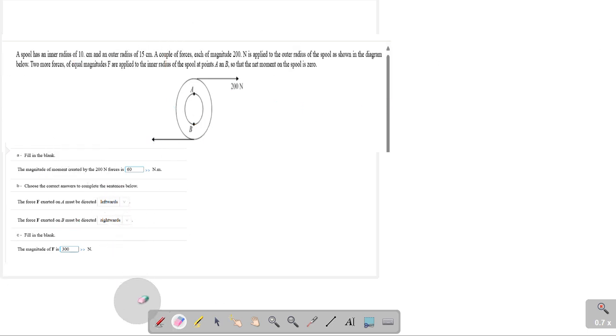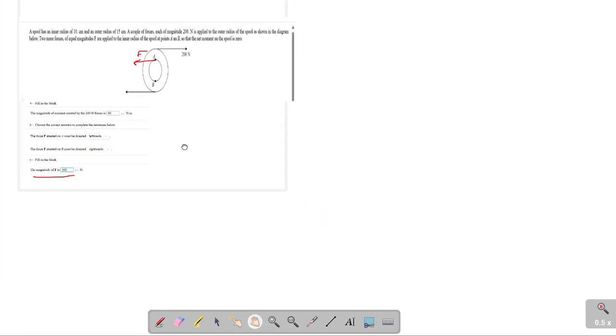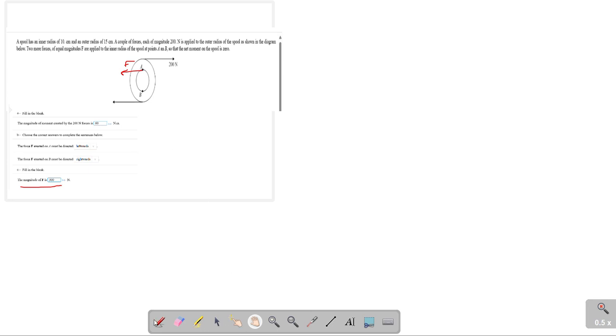Last question. The magnitude of F is 300. We want to find this F. So we know the total net force is 0. So it's going to be 0 is equal to, we know the negative 60. Oh, they want the magnitude, never mind, just 60, or actually negative 60, doesn't matter.